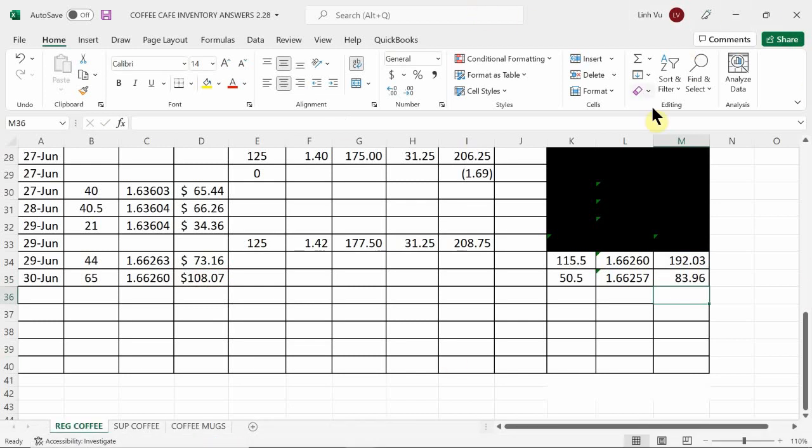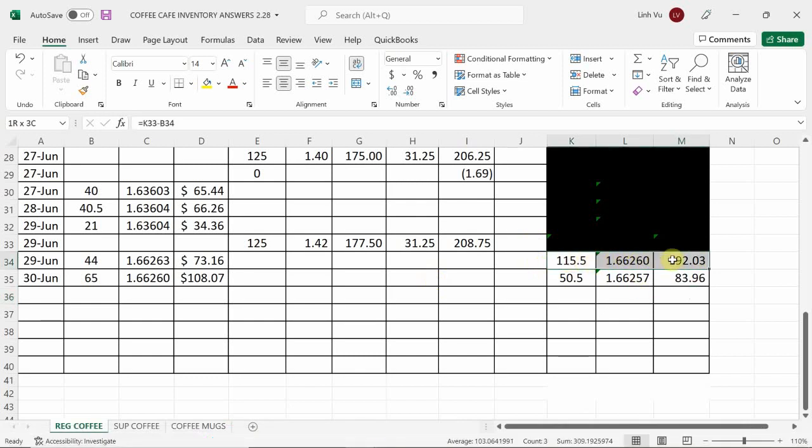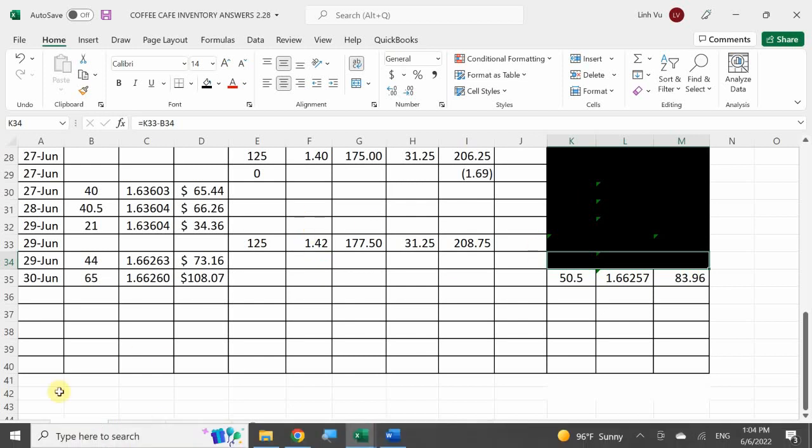And here it looks like it dropped by 1/1000th of a penny, from 2.6 to 2.5. So I can block that off. I have 50.5 pounds left remaining at a total of $83.96, and I sold a total of $108.07 worth of regular coffee.